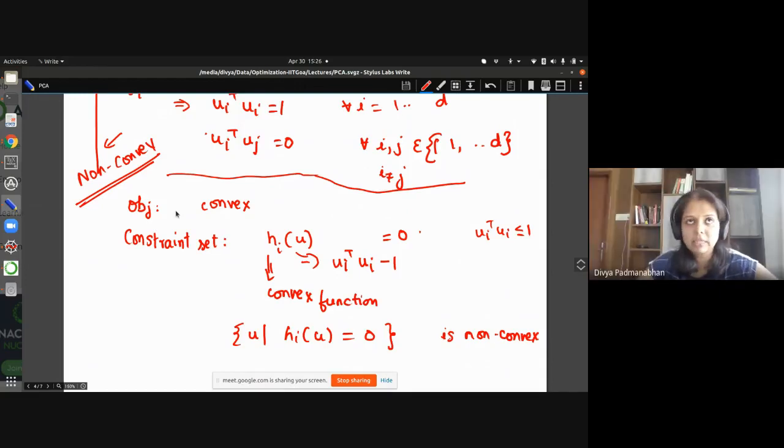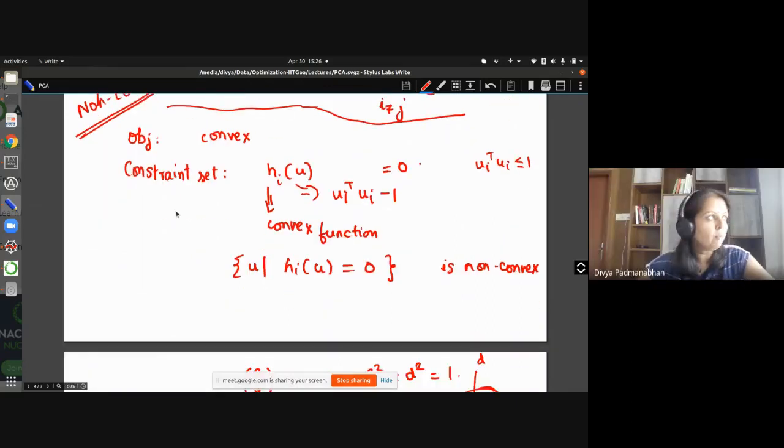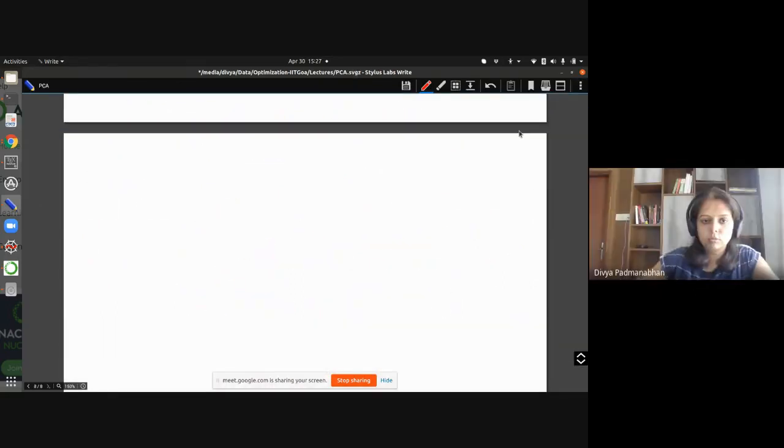So if there's only one equality constraint, the regularity assumption is satisfied as long as you don't have zeros. Let me just put it here. Something like minimize f of x such that h of x equal to 0.